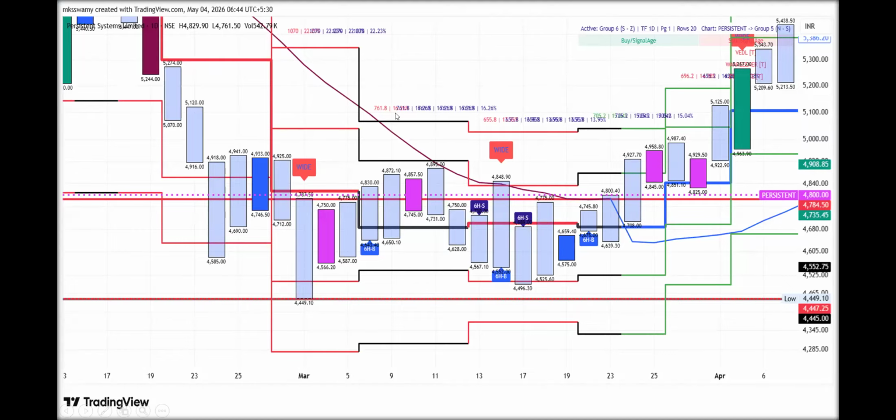Here, I've taken an example of Persistent Systems. In March, after the downfall, it started falling into a range. This is a wide tight range, right? You can see the market was consolidating from March 1st to March 23rd, the entire month it consolidated.